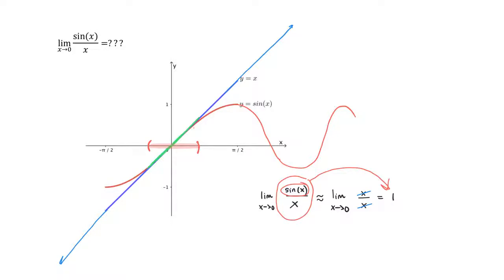In fact, if you look at the proof, it is not an approximation, it is actually equality. So I am going to write over here exactly that result, that the limit as x approaches 0 of sine x over x is equal to 1.